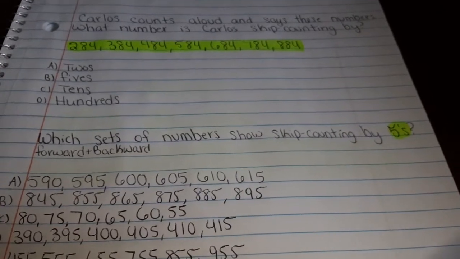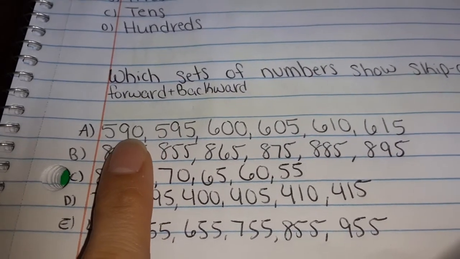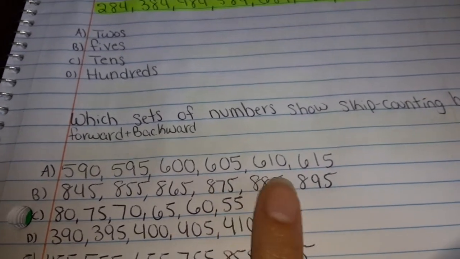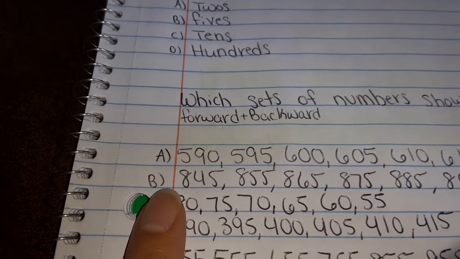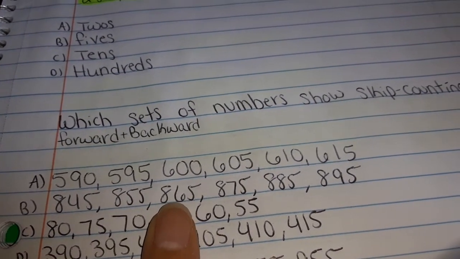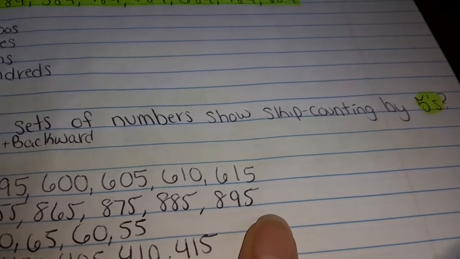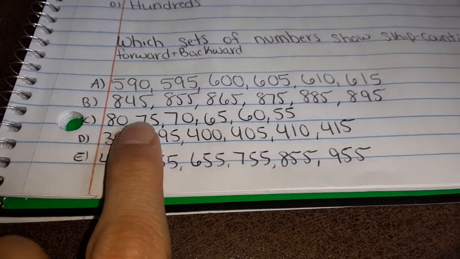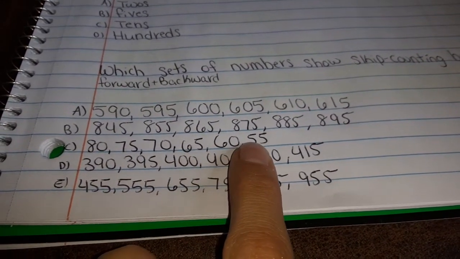Which sets of numbers shows skip counting by 5s? 590, 595, 600, 605, 610, 615. Or 845, 855, 865, 875, 885, 895. Is it C, 80, 75, 70, 65, 60, 55?